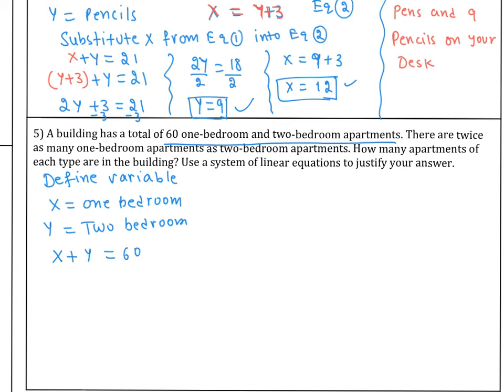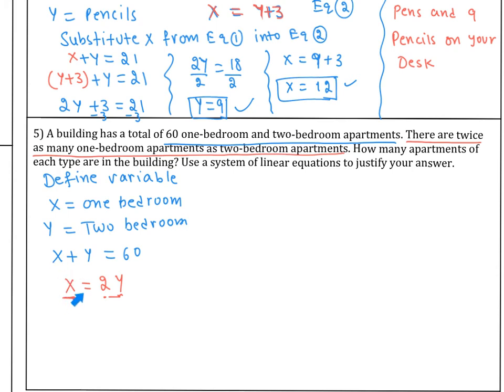Now the second equation, we are going to get it from this statement right here. There are twice as many 1-bedroom apartments as 2-bedroom apartments. So you're going to have x equals 2 times y. The number of 1-bedroom apartments is twice the number of 2-bedroom apartments. We're going to substitute the x value from this equation into this x value.